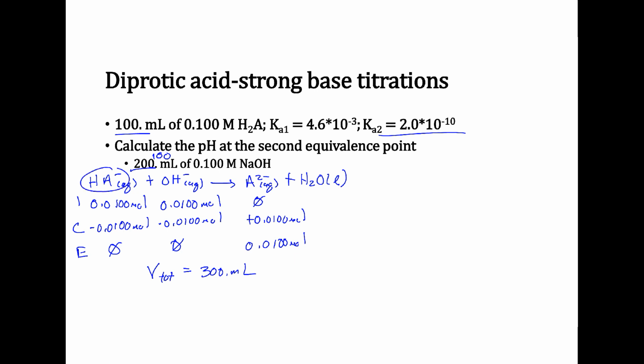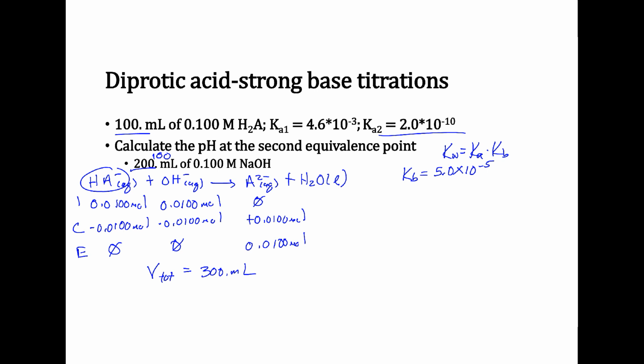So we actually need to recall that Kw is equal to Ka times Kb. So we will find Kb for this reaction, so for that conjugate base A2 minus. So Kb is equal to 5.0 times 10 to the negative fifth.